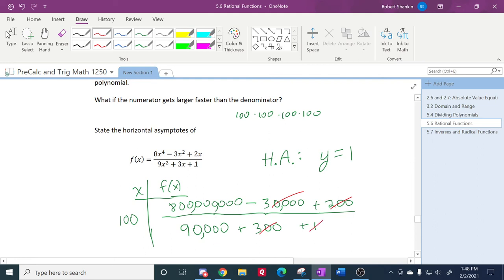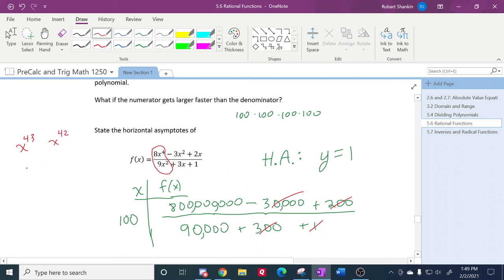As x gets really large, all the focus goes on this term. These become insignificant. Do you remember this question, x to the 43rd and x to the 42nd, which I had on Thursday?